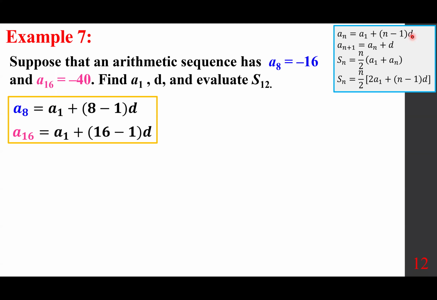We are going to replace A sub 8 with negative 16, A sub 16 with negative 40.